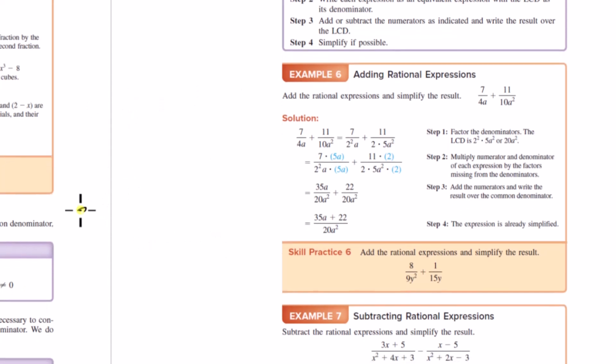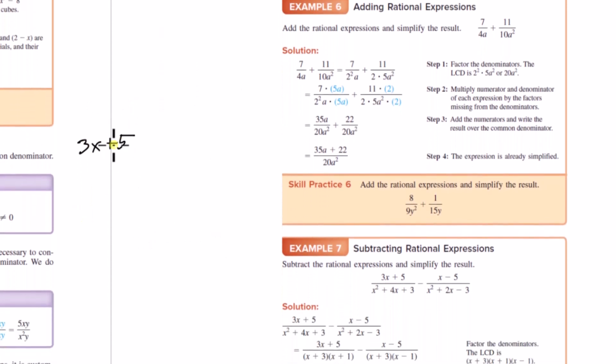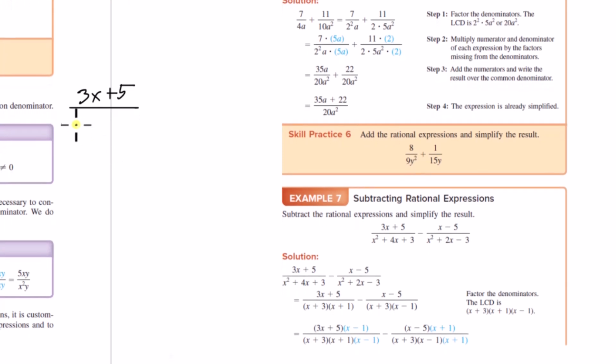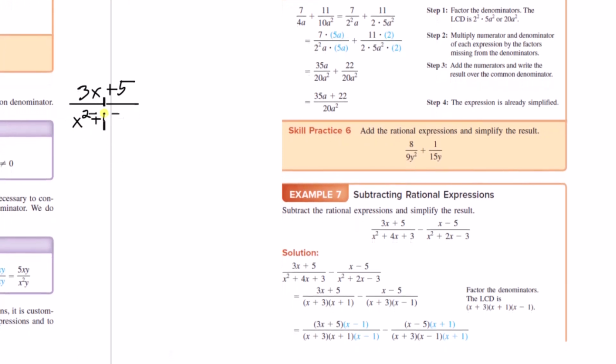Okay, let's see. We've got 3x plus 5 over x squared plus 4x plus 3, and we're subtracting x squared plus 2x minus 3 and then x minus 5. So to see the common denominator, it's going to be easier to factor as much as possible.